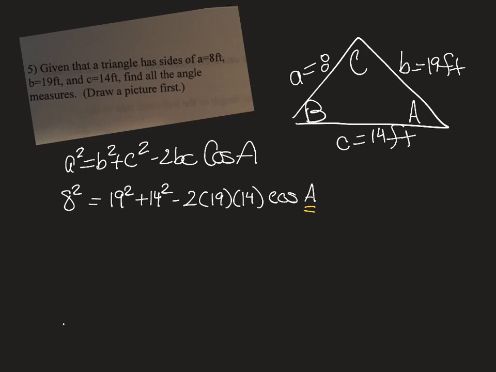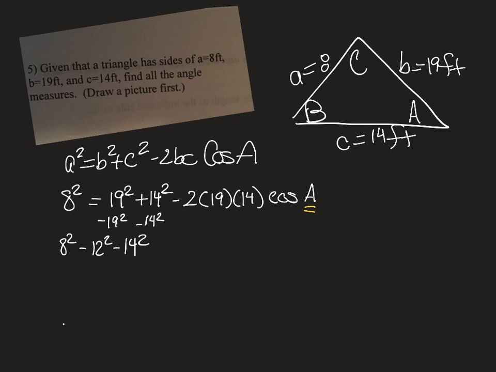So we'll get there. We got this. I'm going to rewrite this. I'm going to subtract my 19 squared over and my 14 squared over. So I'm really going to have 8 squared minus 19 squared minus 14 squared.